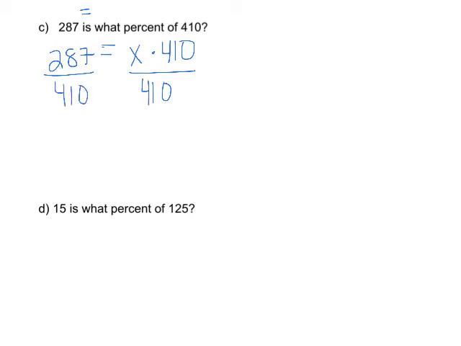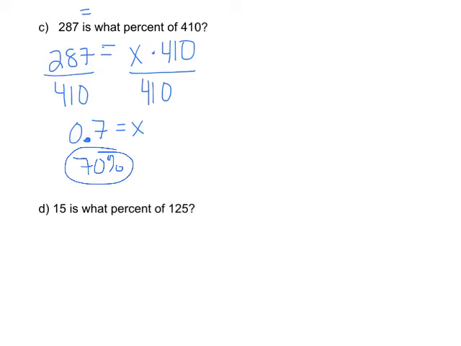And I would get 0.7 equals X. And now I need to turn this into a percent because it's in a decimal still. So I'm just going to move my decimal over 2 places to make that 70%.